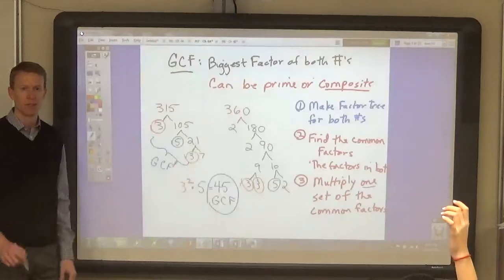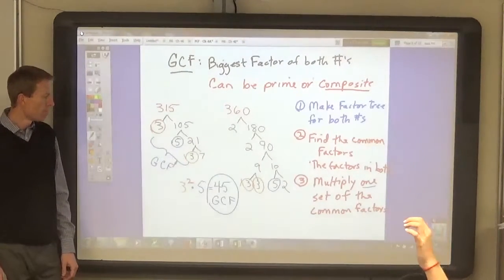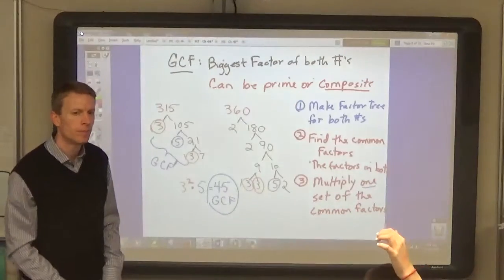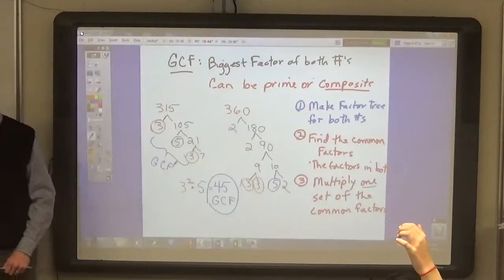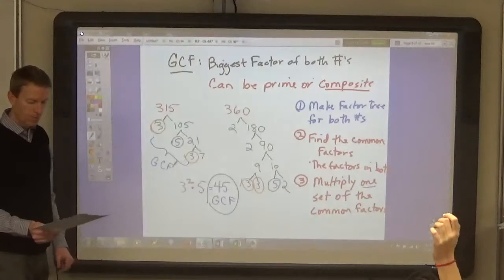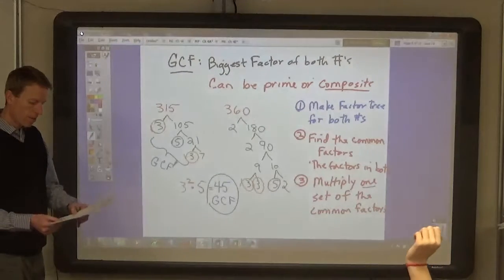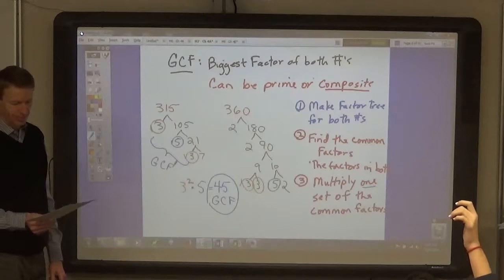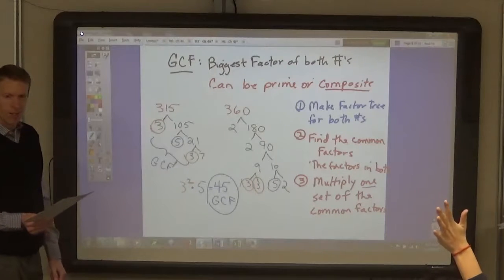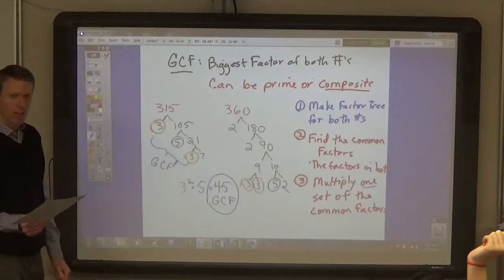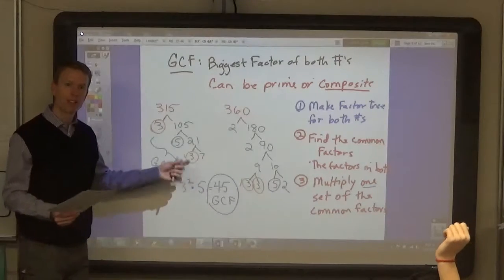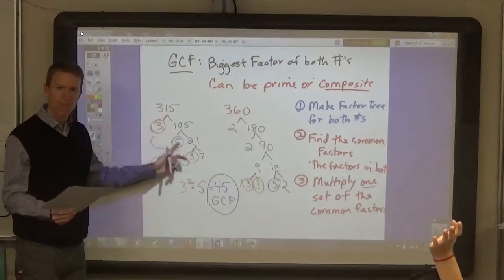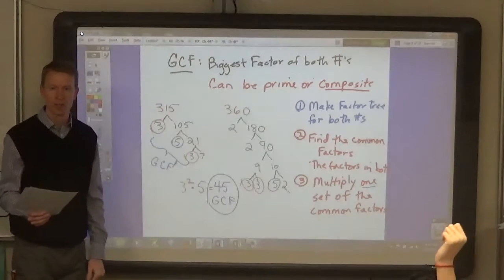Then why is there 2 spaces? There's 2 spots for the greatest common factors of 315 and 360. There's 2 blanks there, but the common factors are in both numbers.